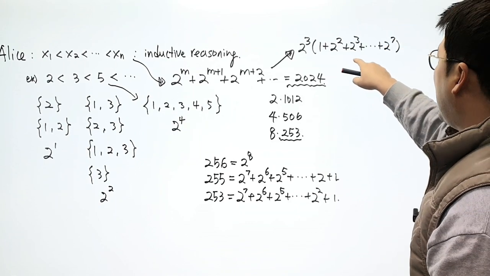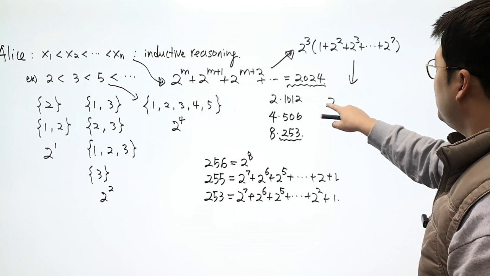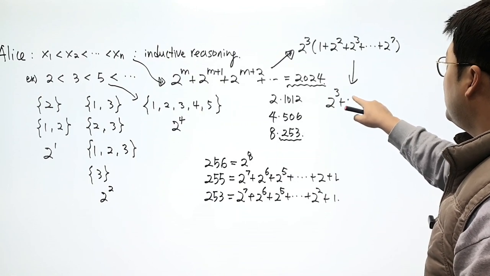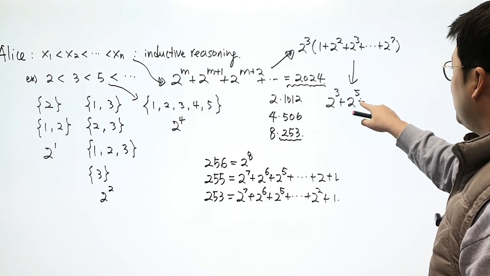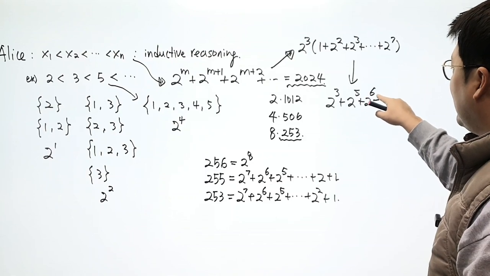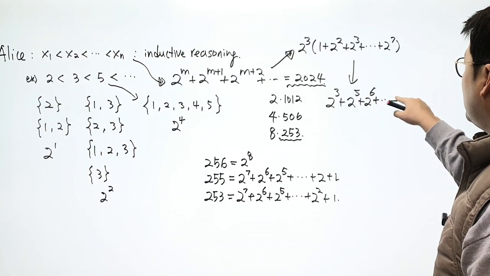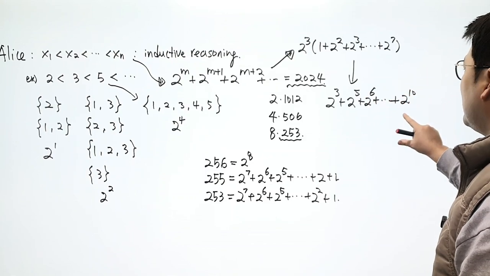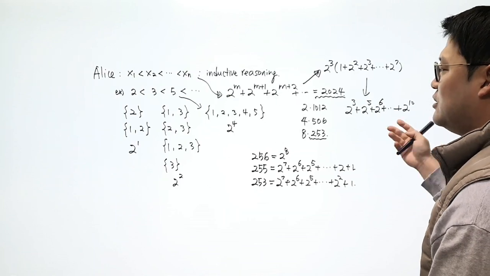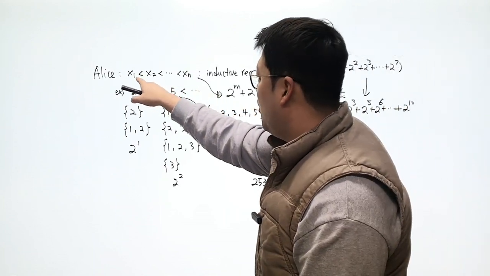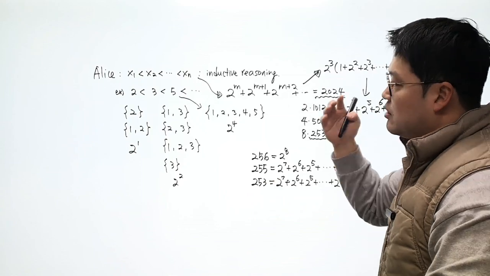Okay, so that implies that we have 2 to the power of 3 and 2 to the power of 5 and 2 to the power of 6 and so on, all the way to 2 to the power of 10. Let's just try to think about what has happened for the one-to-one correspondence.